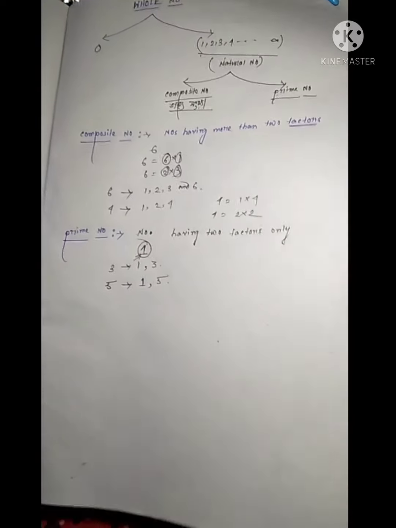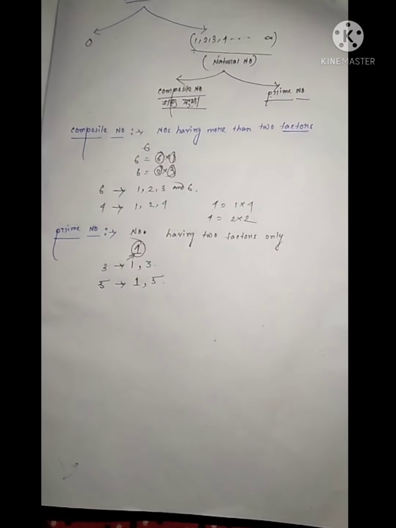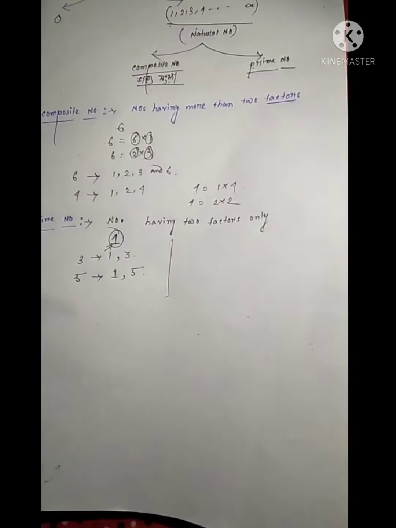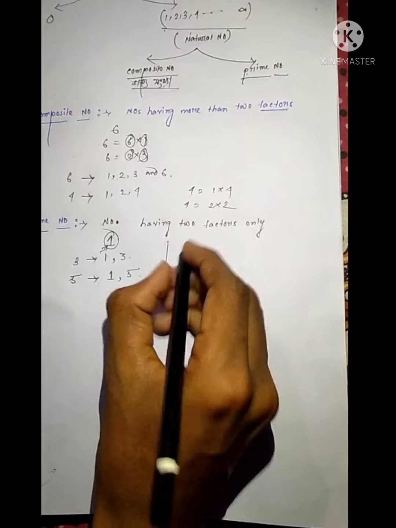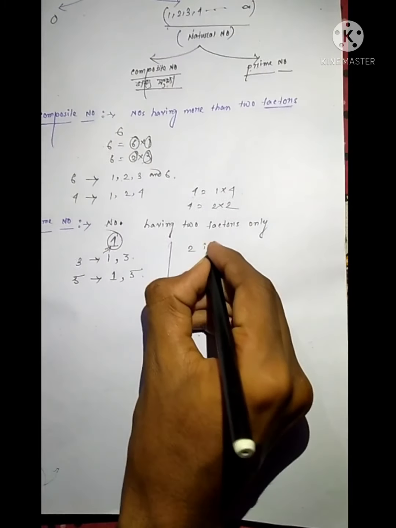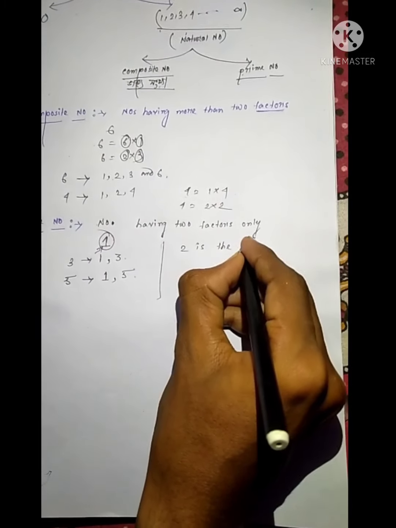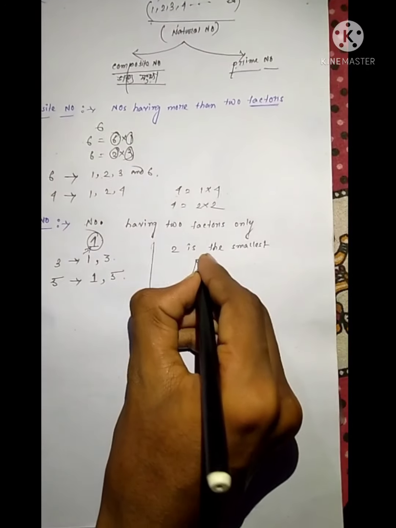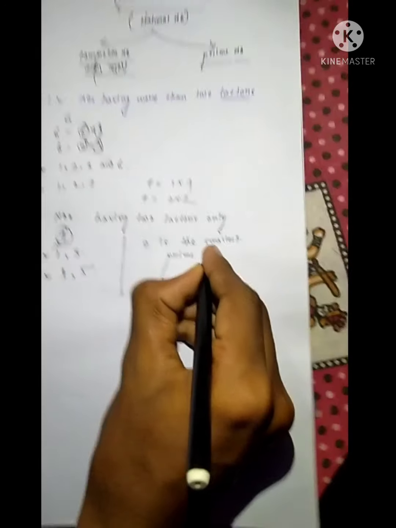For your knowledge, 2 is the smallest prime number.